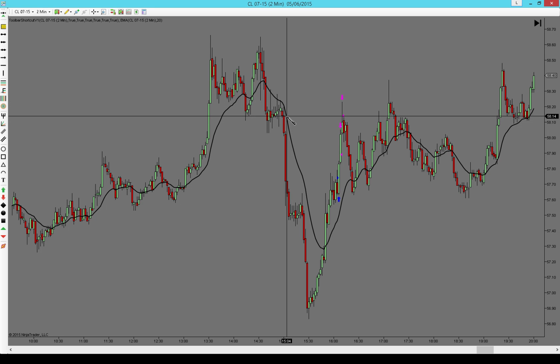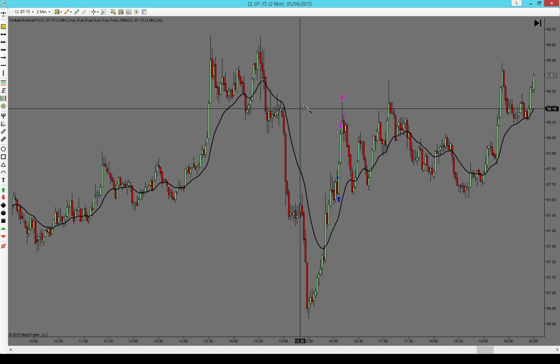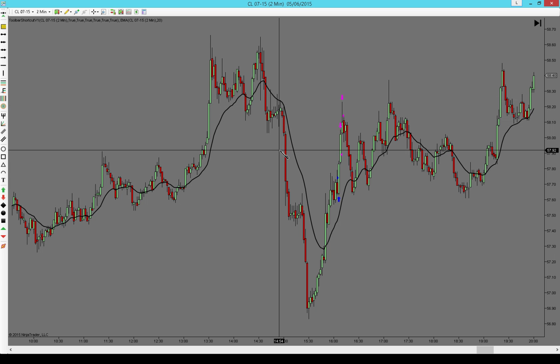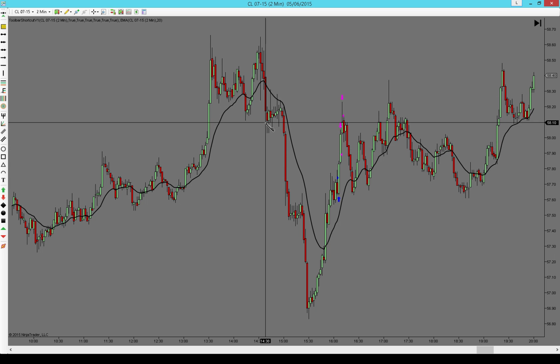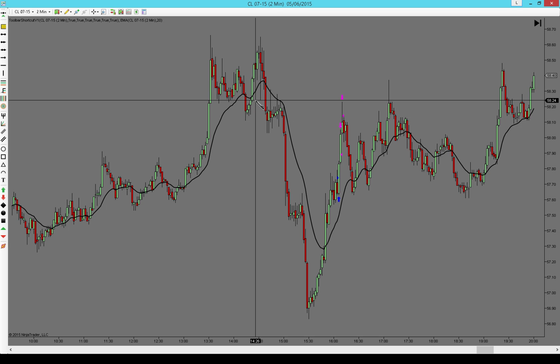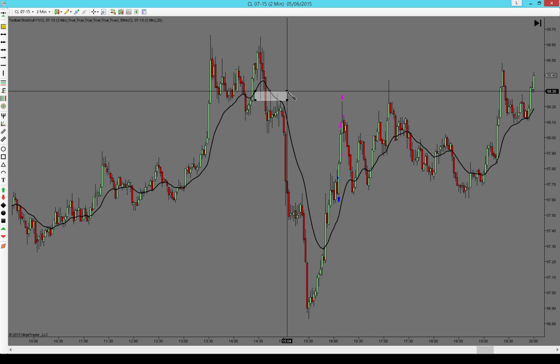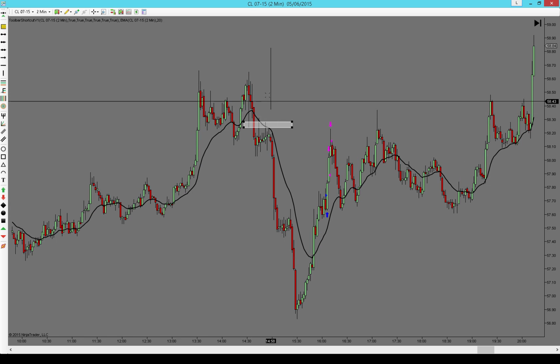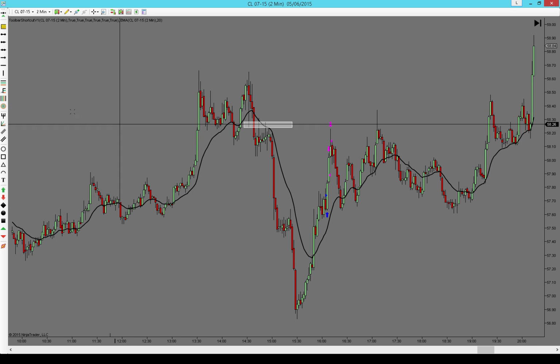I had my order in at the time, but cancelled the order. I was not liking those big swings. There was a high probability that my stop loss could be hit at the time. So I ended up cancelling my order. We had a support level in place.